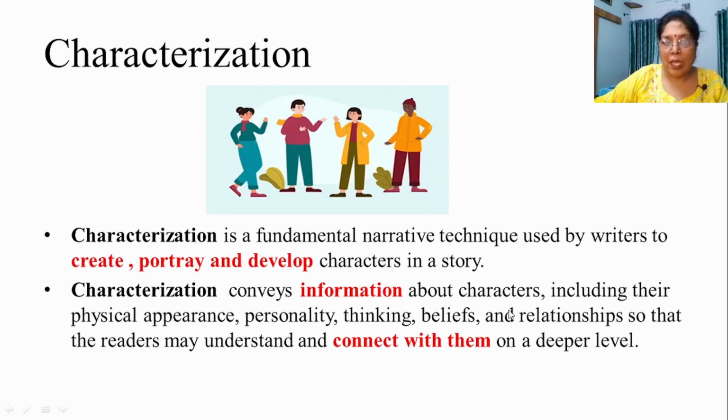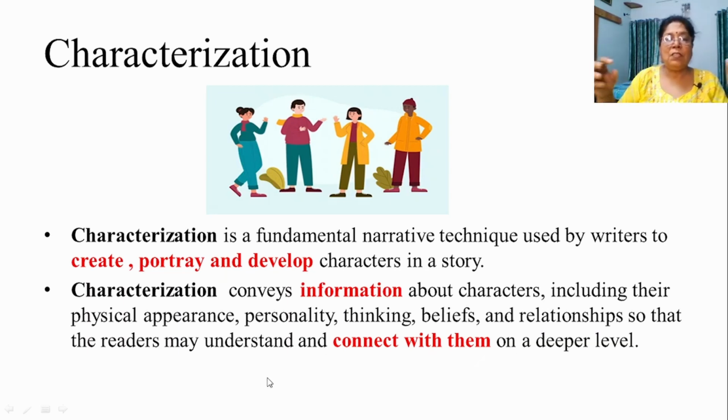So characterization conveys information about character. What you get in the story is information about the characters, including their physical appearance. The writer talks about the physical appearance of the different characters, he talks about the personality, and he also comments on their thinking, beliefs and relationships, so that the reader may understand those characters and may connect with them on a deeper level.